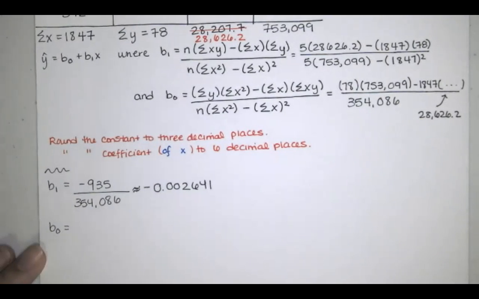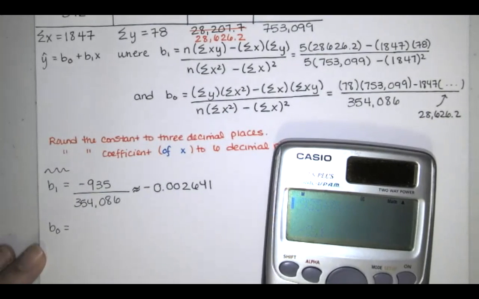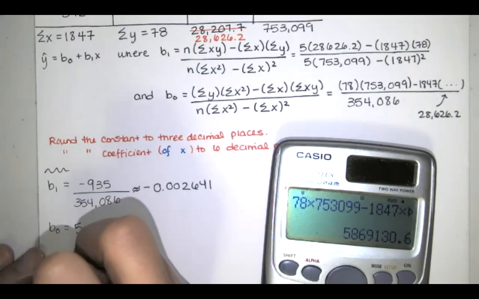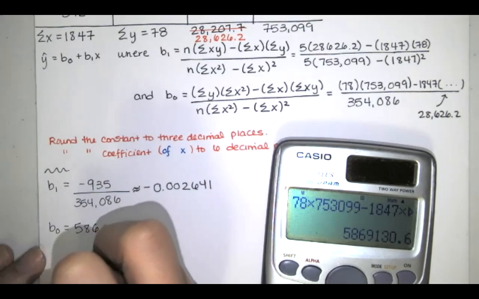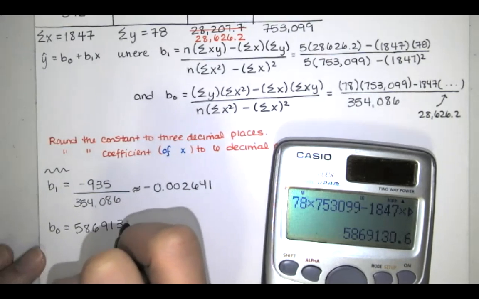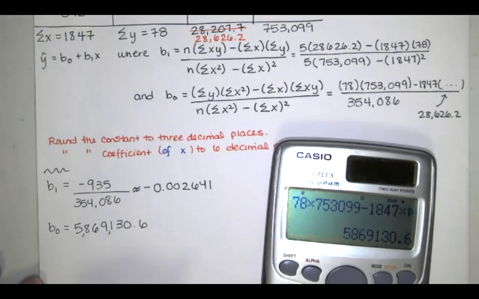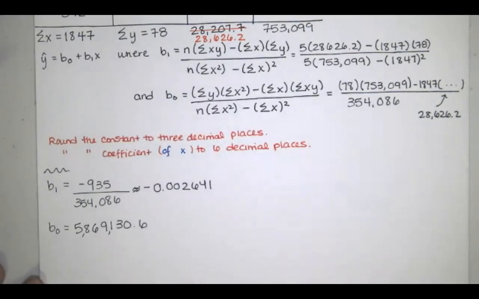So let's do that over here. b sub 0 is this: 78 times 753,099 minus 1847 times 28,626.2. And we get this numerator, 5,869,130.6. Whoa, so 5,869,130.6.